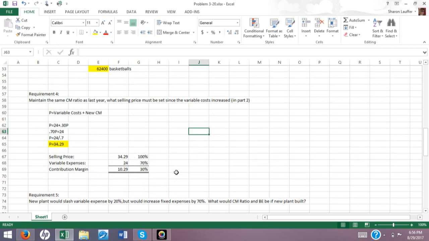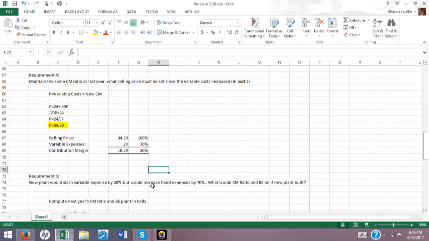So requirement 5 says they might build a new plant, and the new plant would slash variable expenses by 20%, but would increase fixed costs by 70%. What would the contribution margin ratio and break-even point be if the new plant was built?